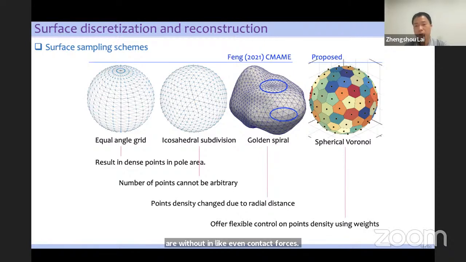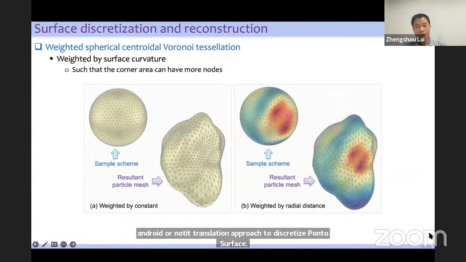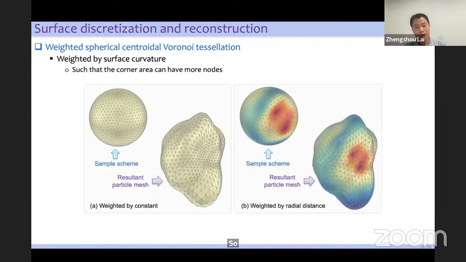To resolve this problem, we proposed a weighted spherical centroidal Voronoi tessellation approach to discretize the particle surface. In the space of spheres, we can use the centroidal Voronoi tessellation to discretize the parametric space.